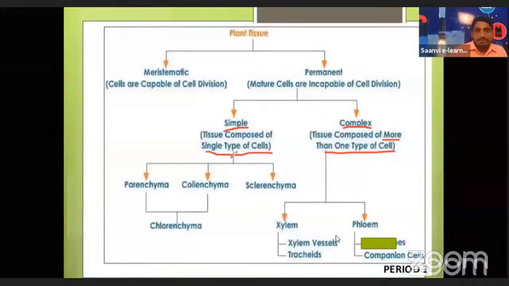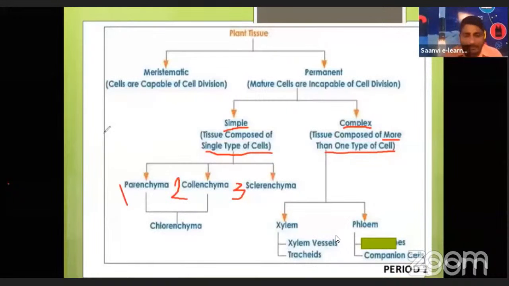Now see here, in this, the first subcategory is parenchyma, next is collenchyma, next is sclerenchyma.